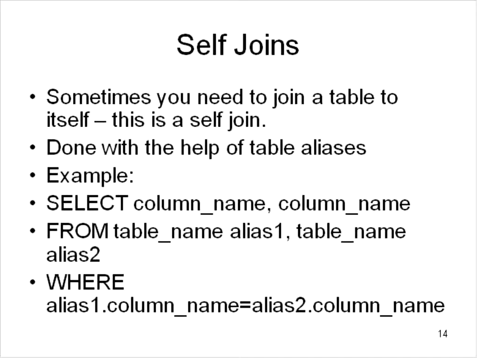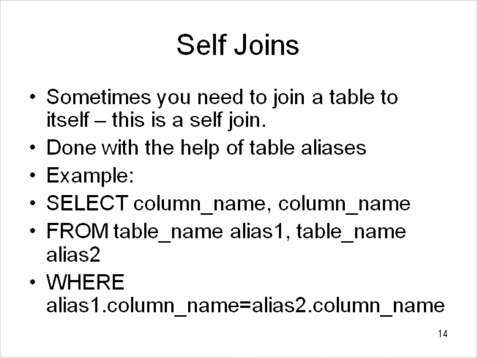For example, take our student table. If you take a moment to look at the student table, you see that there's an attribute called class, and class has freshman, sophomore, junior, senior.